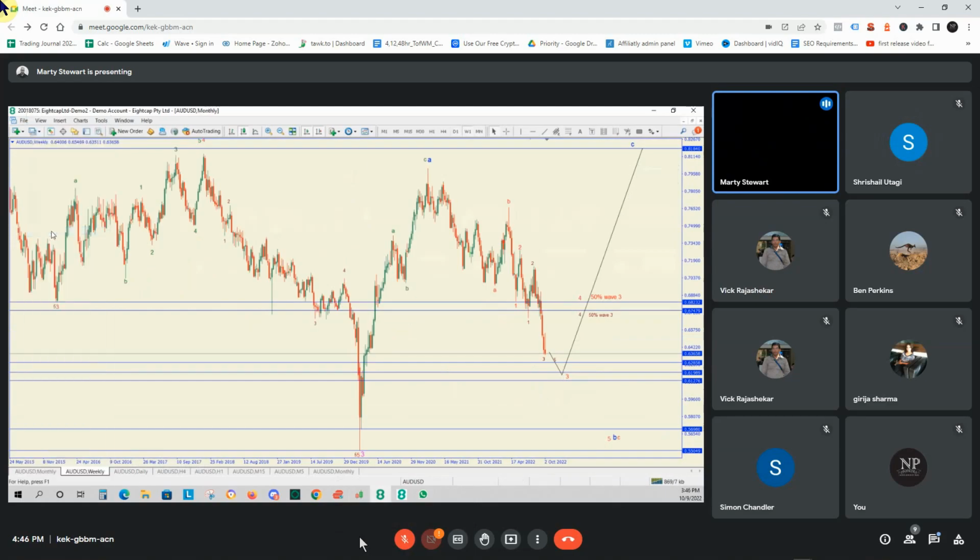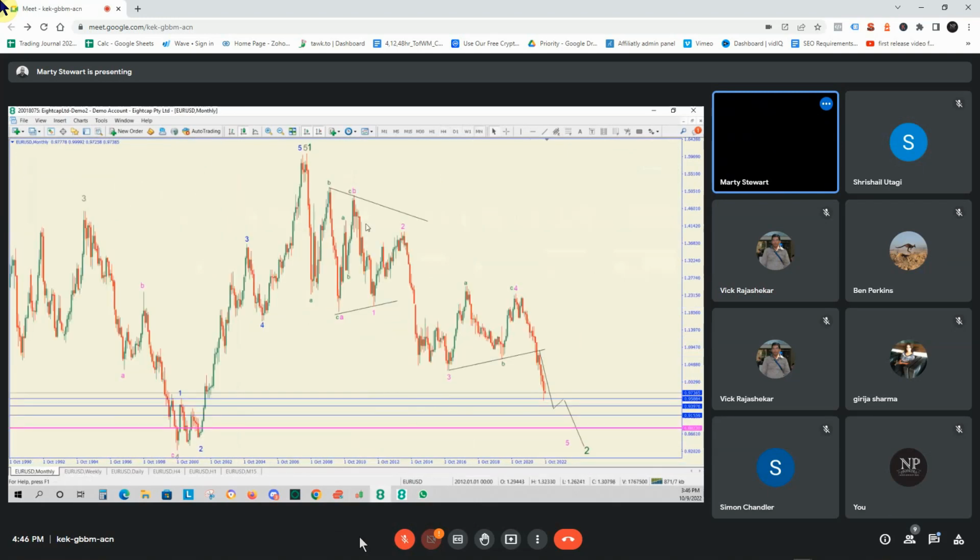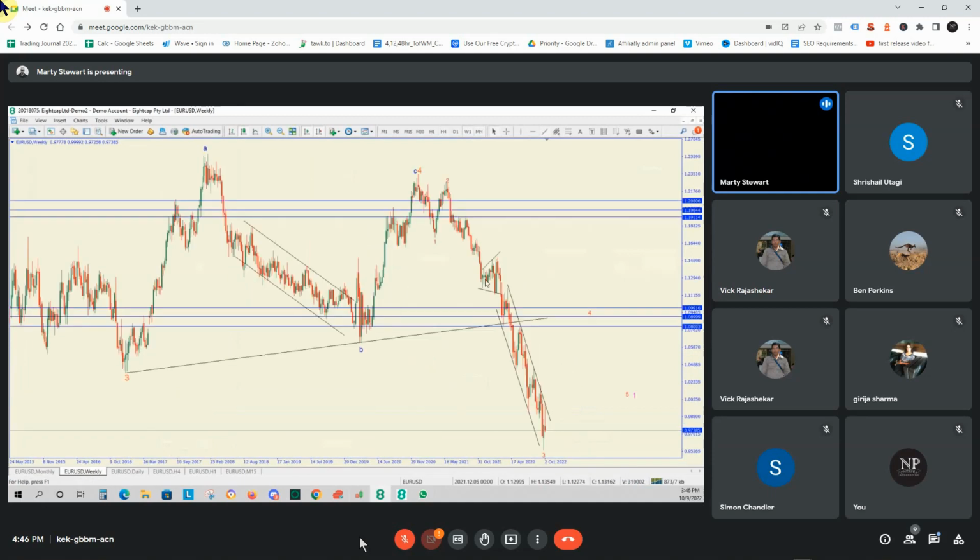What else do we have? Euro is pretty similar. We have a 1, a 2, a 3, a 4. This last leg of the 5 is not finished yet. We can still come down some more. I like this pink line here, seems pretty strong. So again, I would be anticipating more of a downside movement before we reverse upwards. But again, I could be wrong. This is very hard to read.